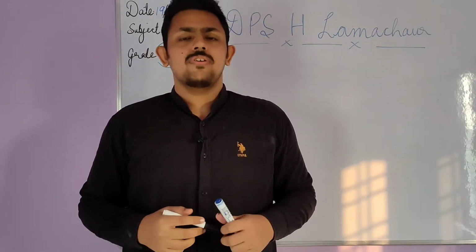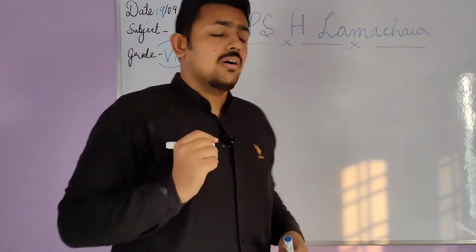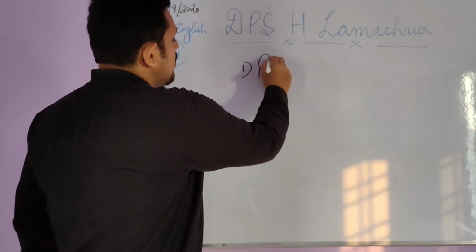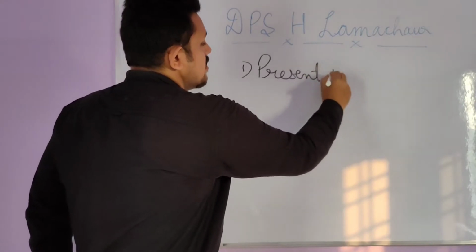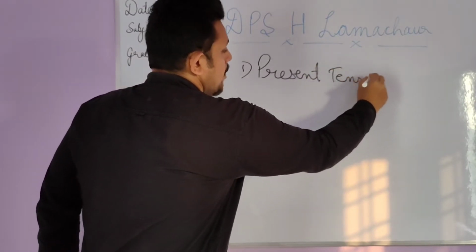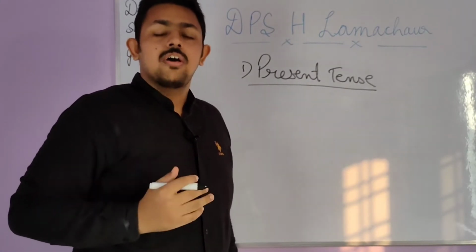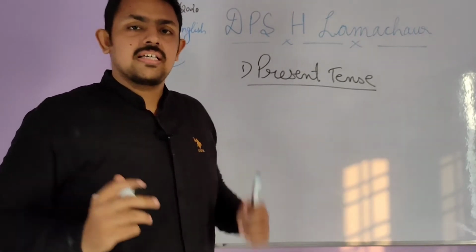We will see first of all what these 4 tenses are, and I am going to clear every doubt that you must be having before this. So first of all, we have the present tense.